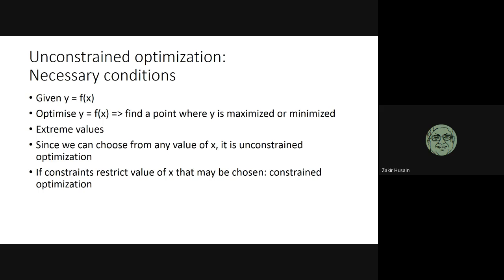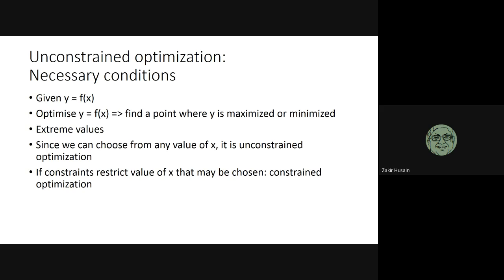We can state the objective in a mathematical form in terms of a function. So the agents try to optimize the function y equal to f(x). X is the choice which the agent has to make. A monopolist, for instance, has to choose output so that his profit is maximized. That is why, as economists, we are so much interested in extreme values.